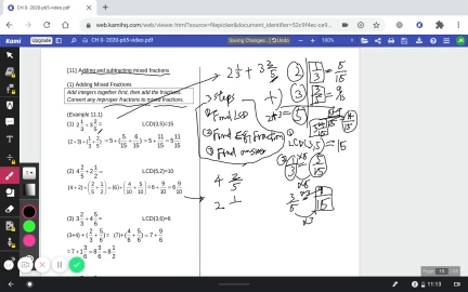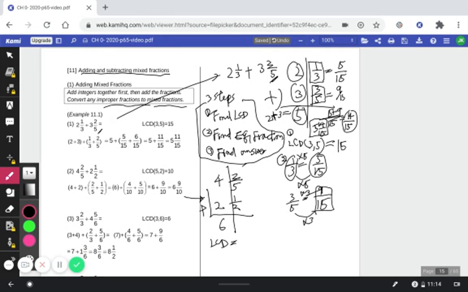So when you add them together, you separate the integer portion and the fractional portion. So the integer portion is 4 plus 2, so you end up with 6. 2/5 and 1/2, you have to convert into the same denominator, the LCD, by using the 3 steps. So the LCD between 5 and 2 is 10.